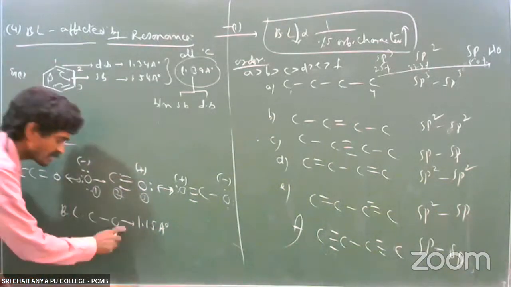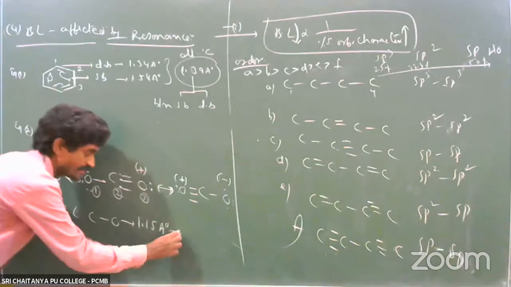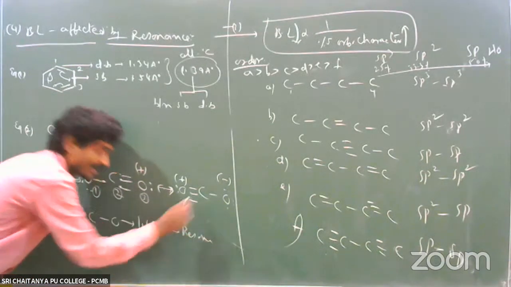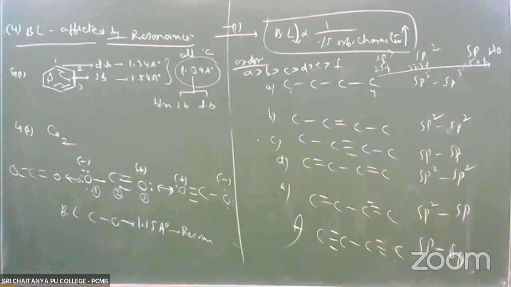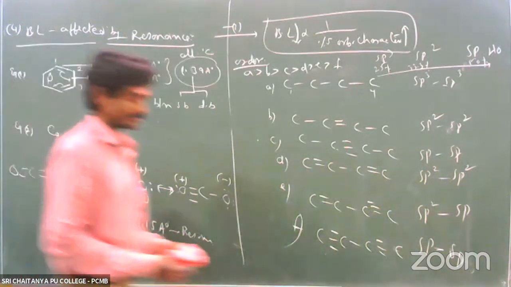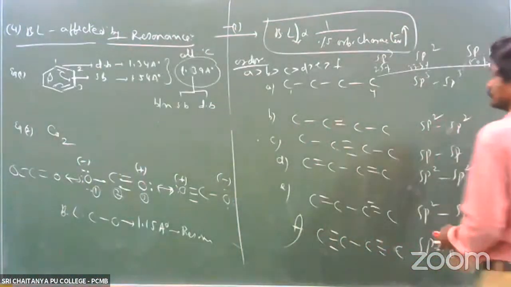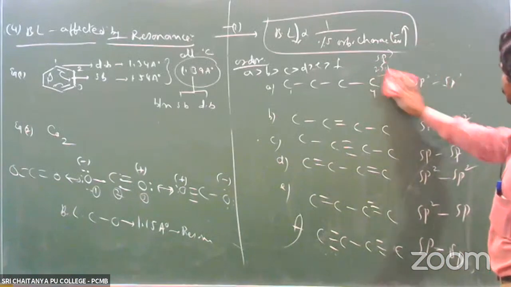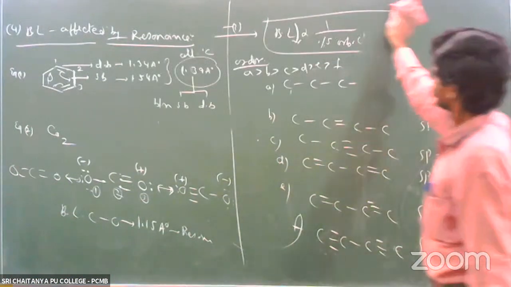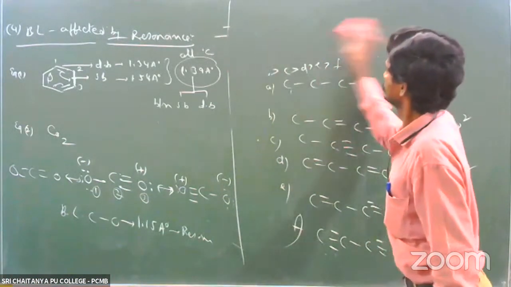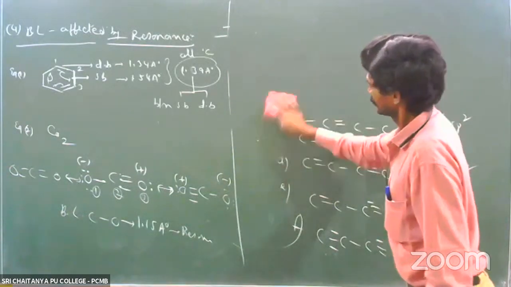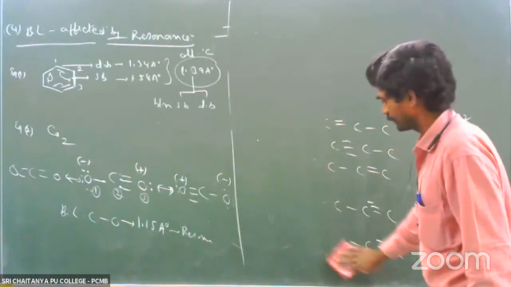So the carbon-oxygen bond length of 1.15 angstroms is due to resonance, right? This is about bond length.